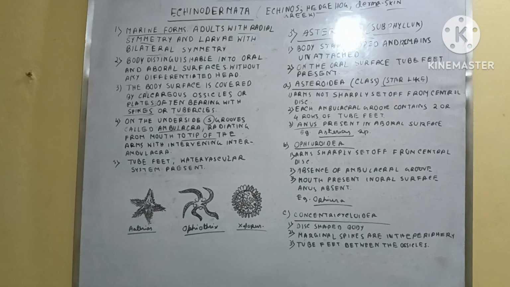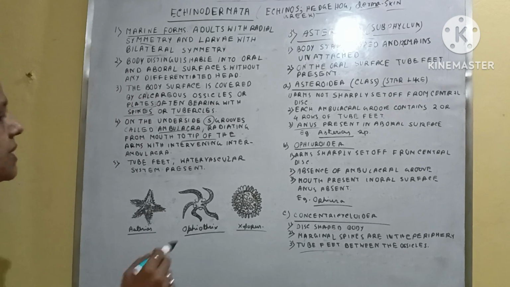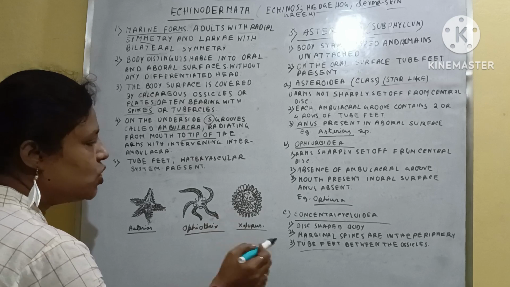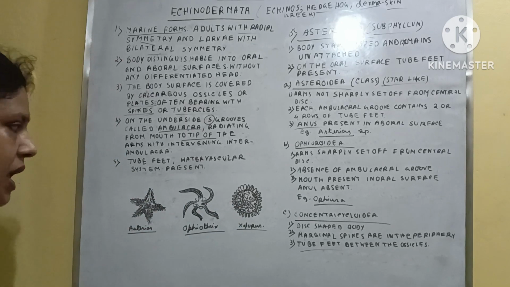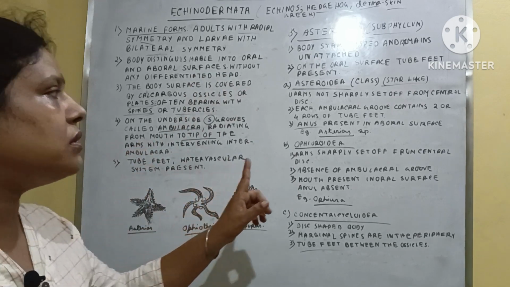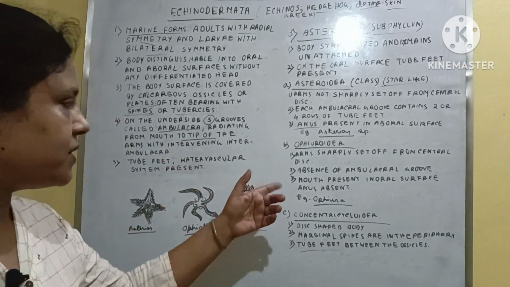Okay, marginal spines, you can say. Third, the tube feet are between the ossicles. These are the ossicles or calcareous plates, and the tube feet are present here. So these are the classes I have explained now. Other subphyla and classes are there, which I will explain after that.